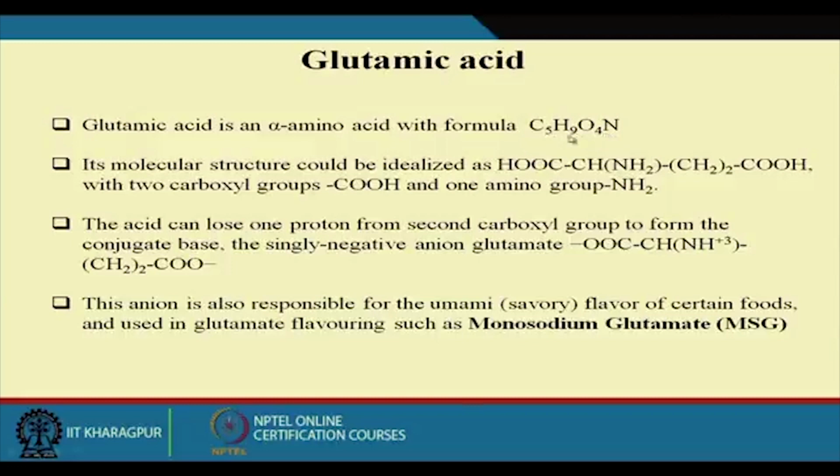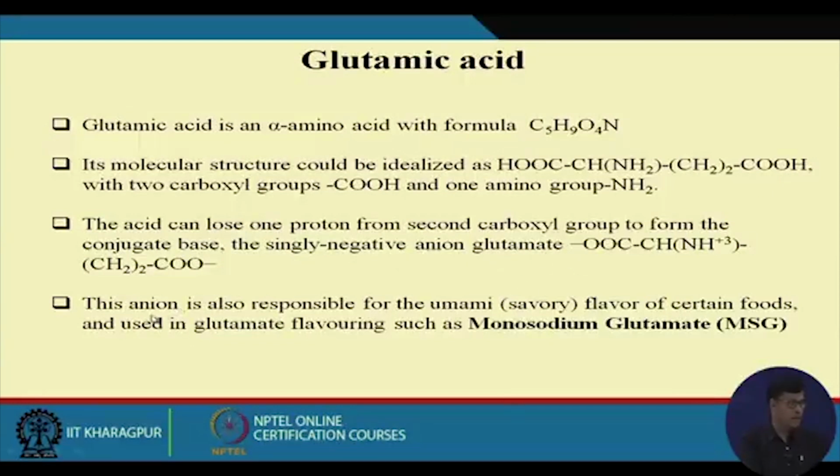Chemically, the empirical formula is C5H9O4N, and as I told you, it has 2 carboxylic acid groups, and CH2, NH2 and CH. That is basically the molecular structure, idealized in this form with 2 carboxylic groups and 1 amino group. Now the acid can lose 1 proton from the second carboxylic acid group to form a conjugate base, the negative anion glutamate.